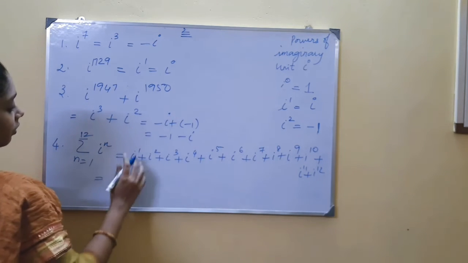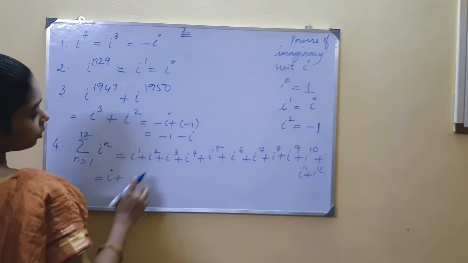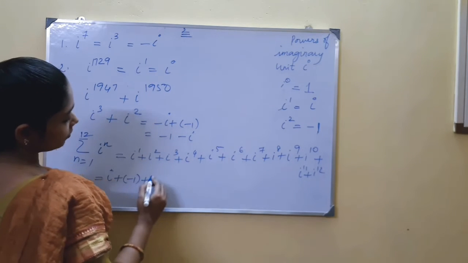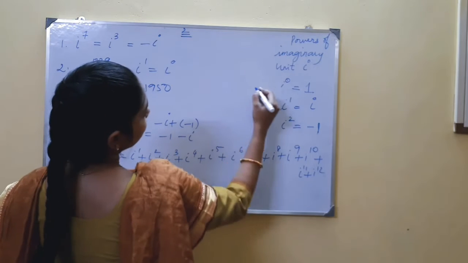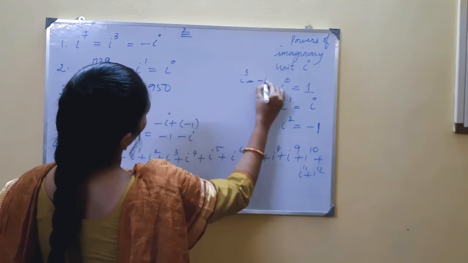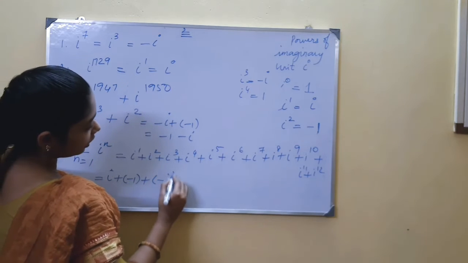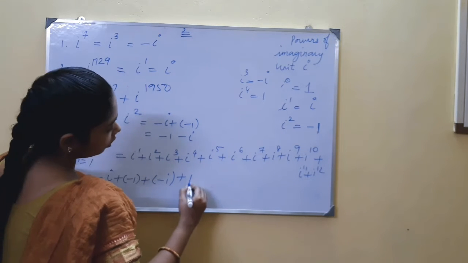So what is i to the power 1? i. The value of i to the power 2 is minus 1. i to the power 3 is minus i. i to the power 4 is equal to 1.